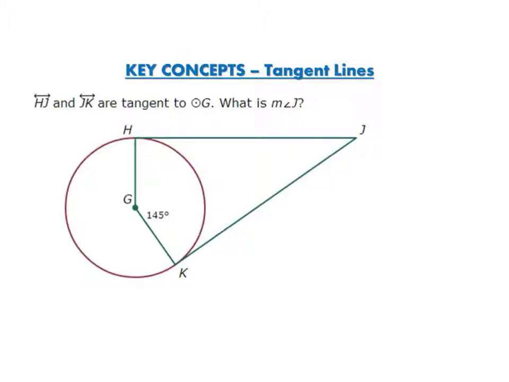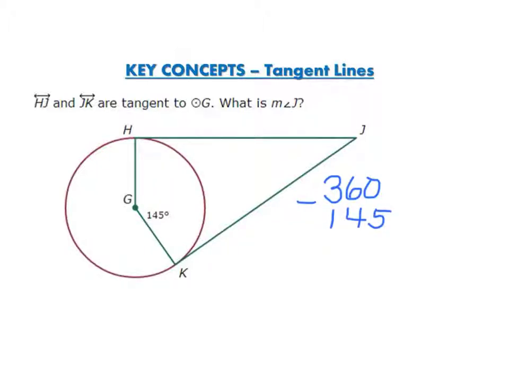Now we could divide this into two triangles, and we'd have to divide this into two pieces when we got done. But if you remember, this is a kite, and it's a quadrilateral. That means it is 360 degrees. So I'm just going to start with 360 degrees. I'm going to subtract out angle J, which is 145.